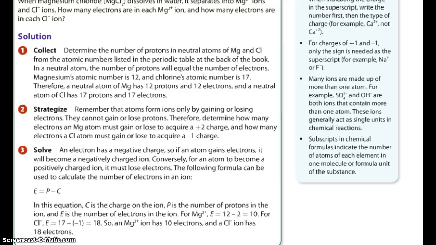All right, so let's look at chlorine. So we said that chlorine normally, when neutral, has 17 protons and 17 electrons. Okay, now the charge is minus 1. So what do I have more of? Do I have more protons or more electrons?